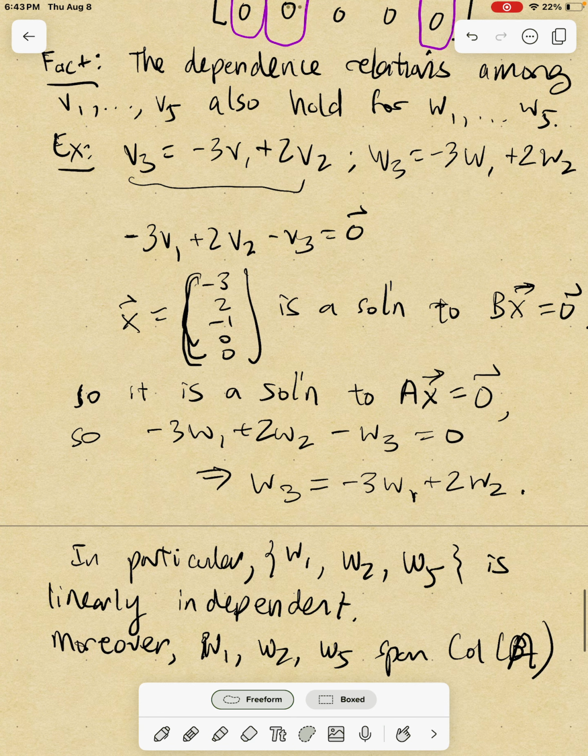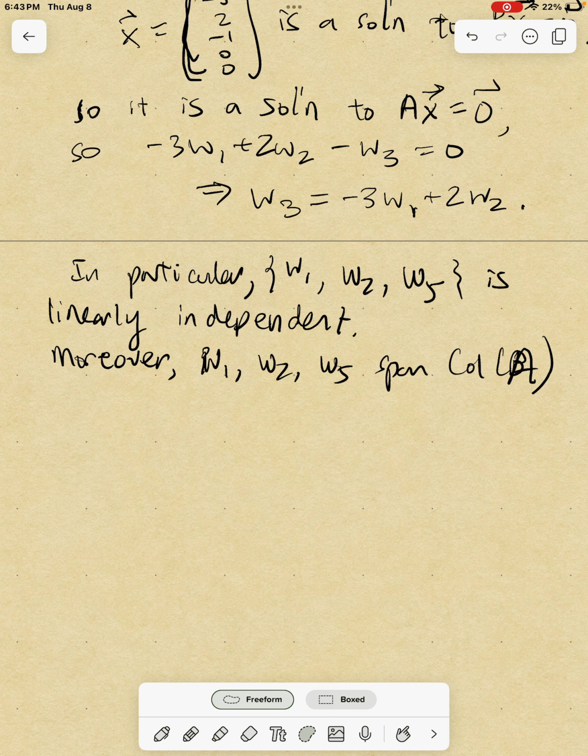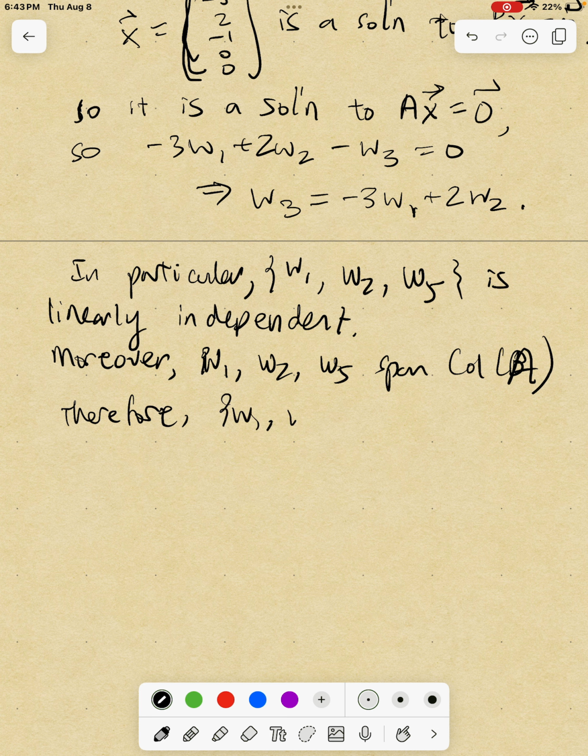And so therefore, W1, W2, W5 is a basis for the column space of A. And that's how to find a basis for the column space of any matrix.